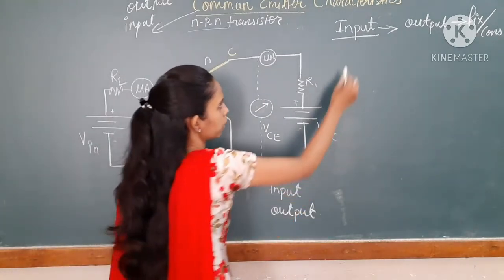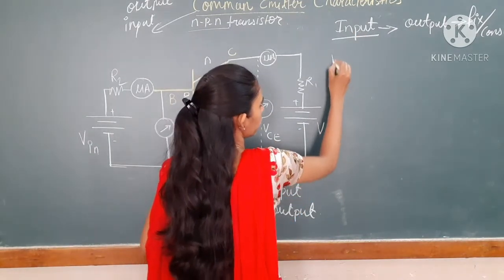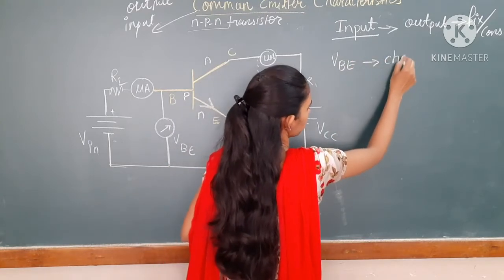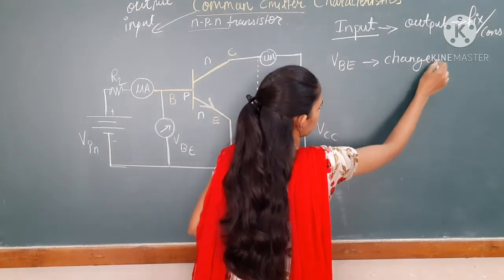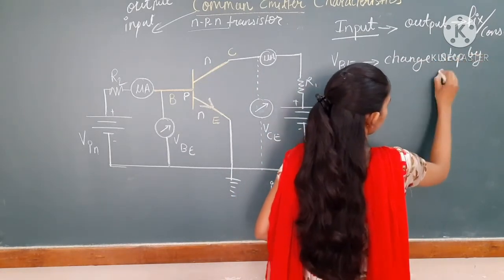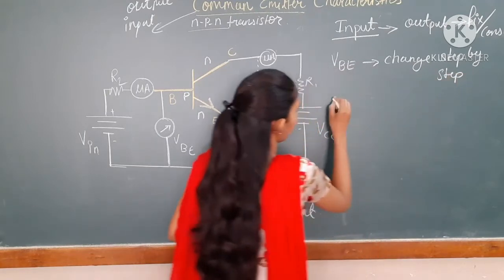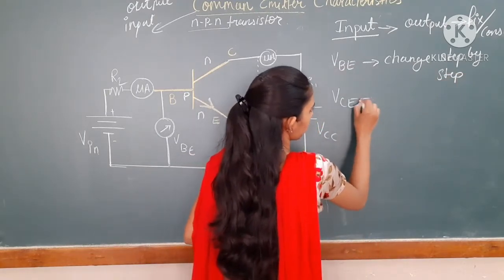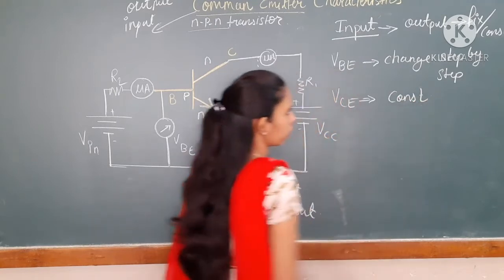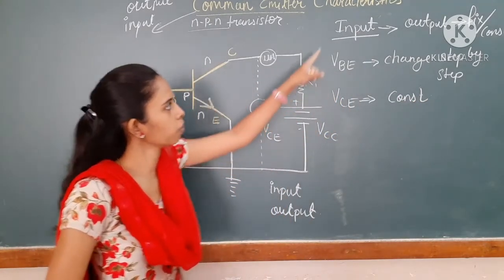Okay, now if input characteristic means what? VBE is going to change step by step, and VCE is kept constant. Okay, so this is the input characteristic.